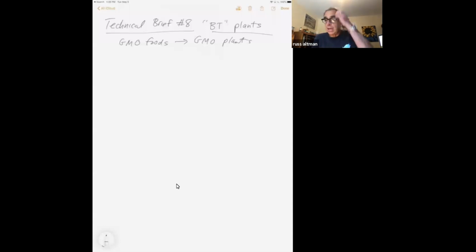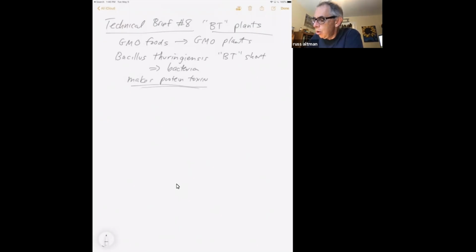Well, first of all, I need to introduce you to Bacillus thuringiensis, or BT for short. This is a bacteria, and the thing about BT is that it makes a protein toxin, which is an insecticide.